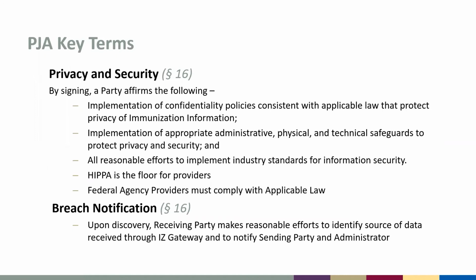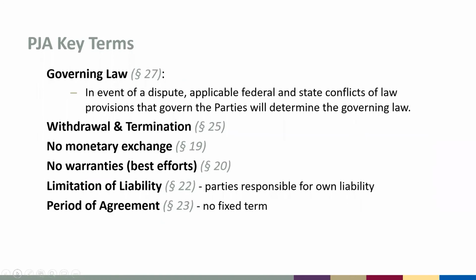Let's go ahead to the key terms. These are the more boilerplate terms: governing law, where in the event of a dispute, applicable federal and state conflicts of laws provisions will determine the governing law. There are terms for withdrawal and termination. There's no monetary exchange.